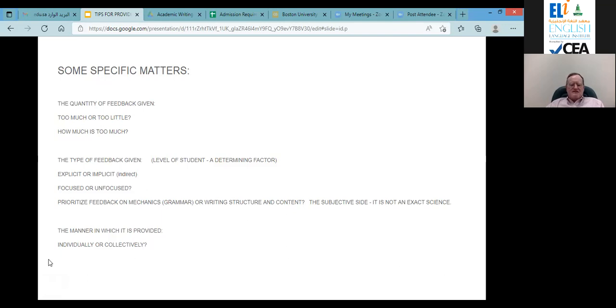These three components of feedback. So really, now this is, Shadia, I guess in particular. Yeah, this is now the quantity of feedback given.